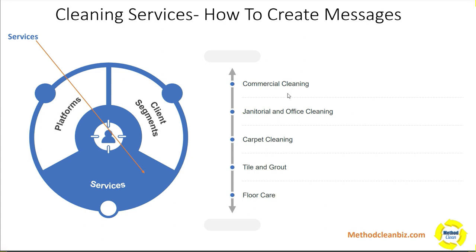Generally speaking, we want to focus on one at a time, though, and really try to get across the point that we are specialists in each of these things, and not just list, well, I'm good at 20 things, which might be true, but that message doesn't really appeal to people, generally speaking. So that's why we're better off to focus on one of these services at a time when communicating to our prospects.